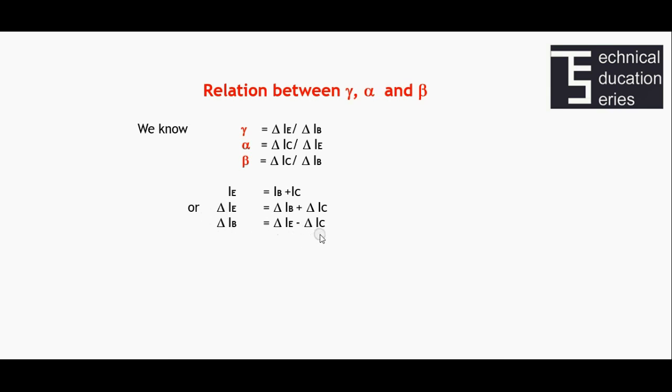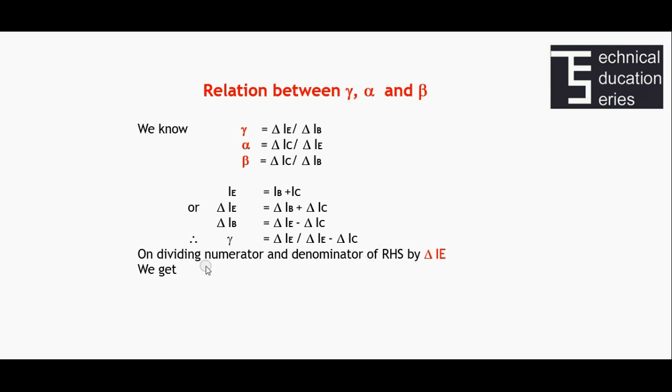So this expression for the delta IB can be substituted into the value of gamma, that is delta IE divided by delta IB. So in place of delta IB, we are using delta IE minus delta IC, so that we will get delta IE divided by delta IE minus delta IC.